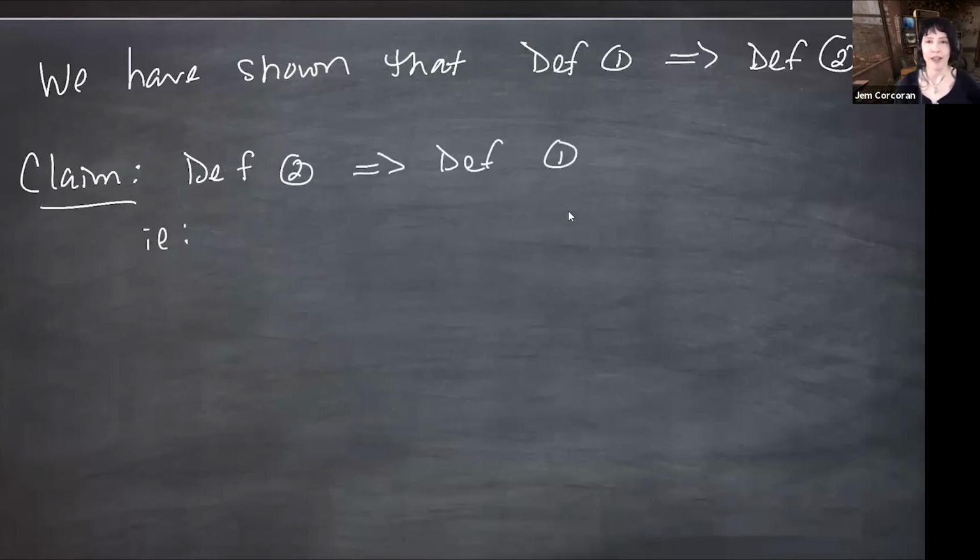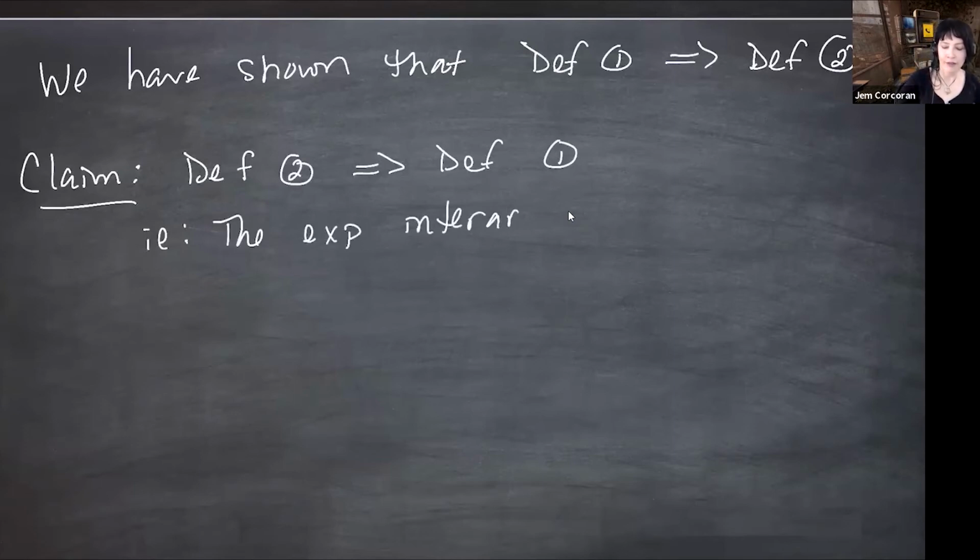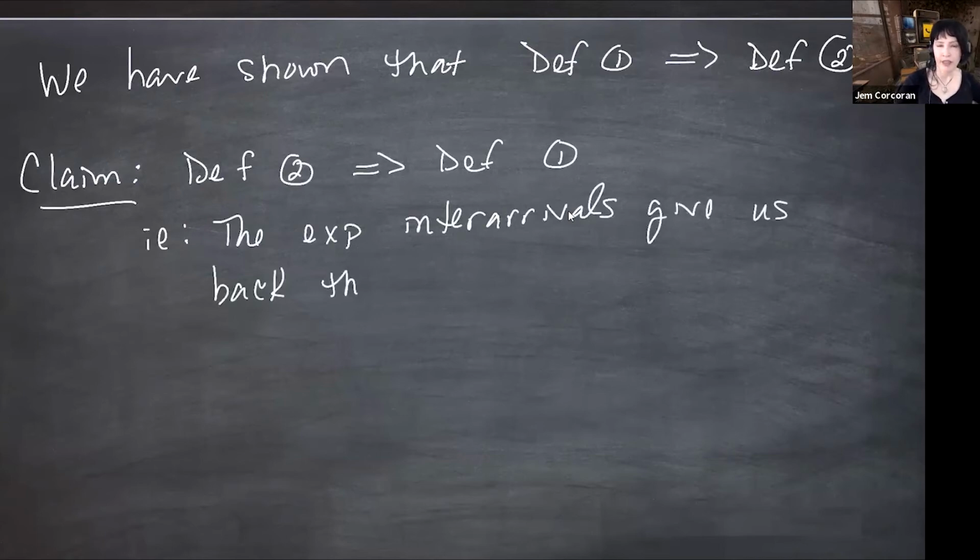This is still part of my claim statement: the exponential interarrivals, not by themselves, but also with I and double I, will give us back the Poisson property, the triple I from definition 1.